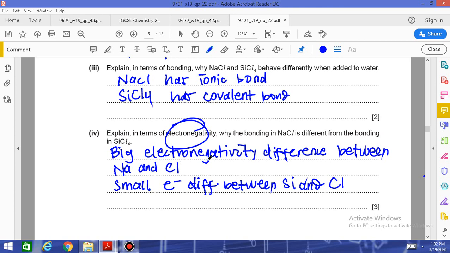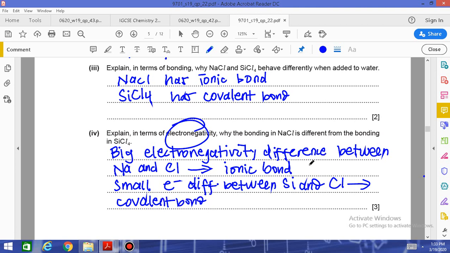So the big electronegativity difference between these atoms leads to the formation of ionic bonds, while the small electronegativity difference between these atoms leads to the formation of covalent bonds.